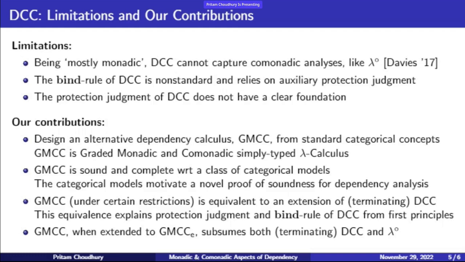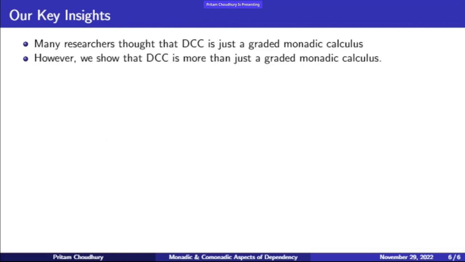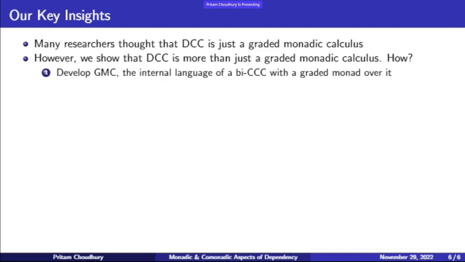So I shall now give you some key insights of the paper. Many researchers thought that DCC is just a graded monadic calculus. But we show that DCC is more than just a graded monadic calculus. How? We developed GMC, which is the internal language of a bicartesian closed category with a graded monad over it.